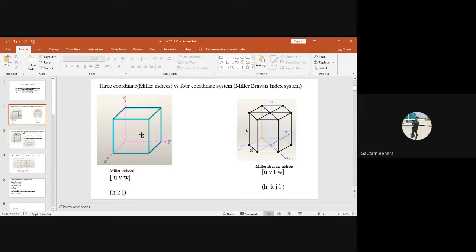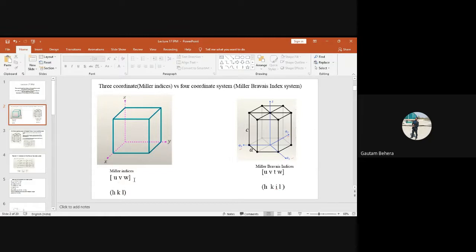When we discuss any cubic crystal system, we use a unit cell of a cube, obviously, and it has three coordinates. This is the x coordinate, this is y, and this one is z coordinate. So this is a three coordinate system, that's why we are using Miller indices only. We can find the Miller indices of a direction, of a plane, or any point with the help of these.